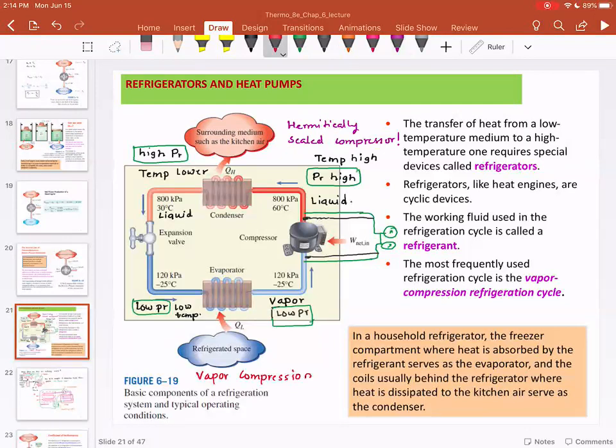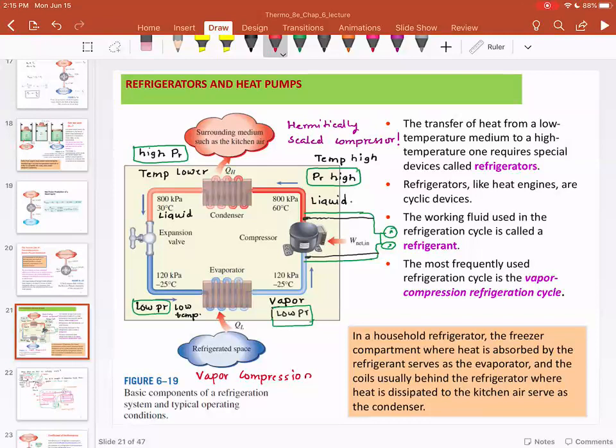There is another system called the absorption refrigeration system, wherein the refrigerant is absorbed rather than compressed, and in that process you create the refrigeration effect.